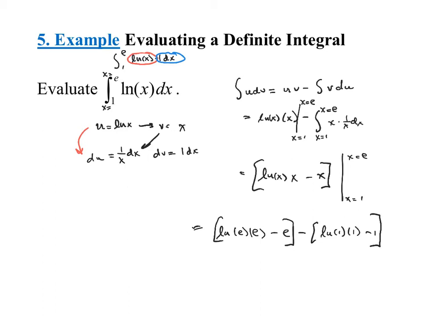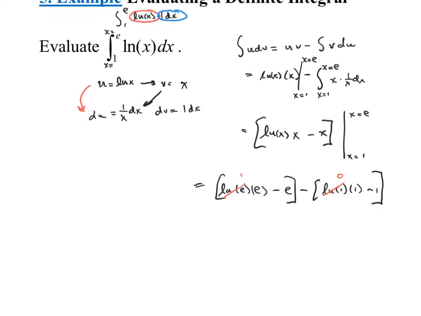The natural log of 1 is 0. You could get this by your calculator as well, of course. All right, so I'd have a 1 times e is e minus e. That whole first term is going to turn into 0. And then I have a minus, and then I have that 0 minus 1, which is a negative 1. So if I have a 0 minus a negative 1, this would give me a positive 1 as my answer.